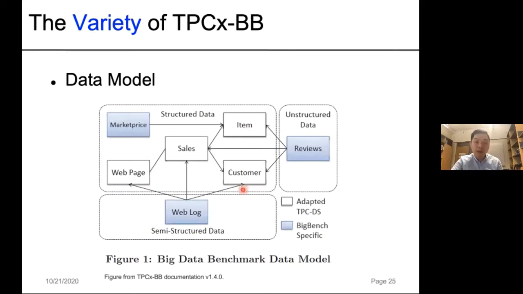The semi-structured data focus on the click streams contained in the web log, while some of the streams will result in online sales. And the unstructured data contains product reviews of items by the customer. The customer can be registered users or guest users.